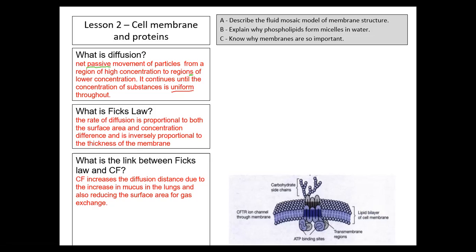So cystic fibrosis causes diffusion distance to increase and reduces surface area. So basically it increases the thickness of the membrane. Diffusion distance and thickness of the membrane here is the same sort of thing. Mucus acts as thickening the membrane. And then, yes, we're also going to reduce the surface area for gas exchange there as well.